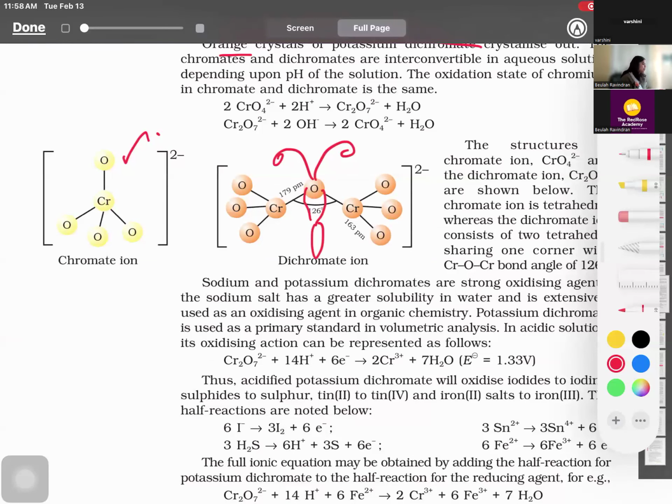If it is CrO4, then how are the charges tallied here? Chromium has oxidation state 6, right? Then how does the oxidation state become 2 minus? So how can you write the structure? How is it connected?